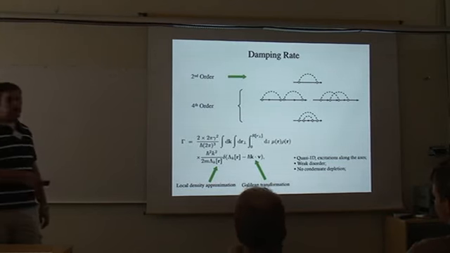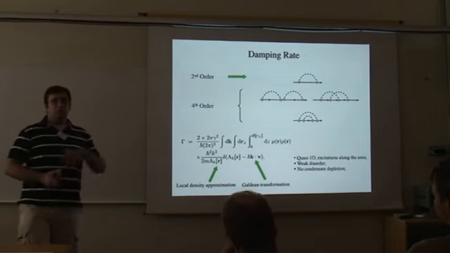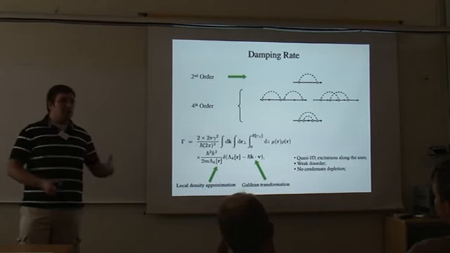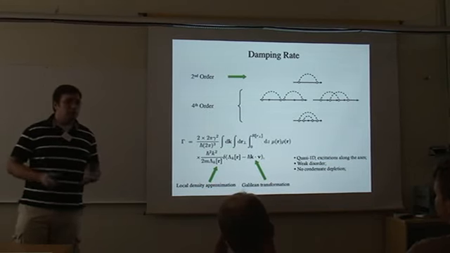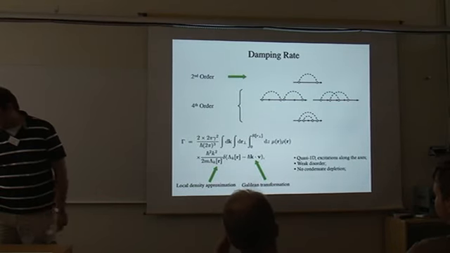Also, there is no condensate depletion in our case in principle. We say that our condensate is large enough that the particles which are excited won't really change the number too much, which I will come back to.